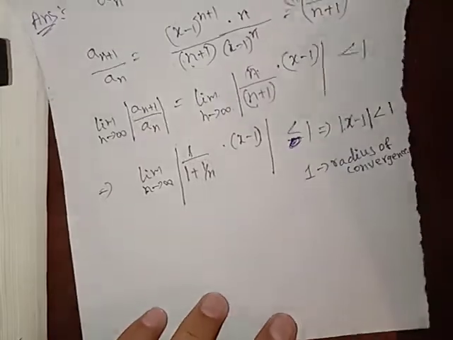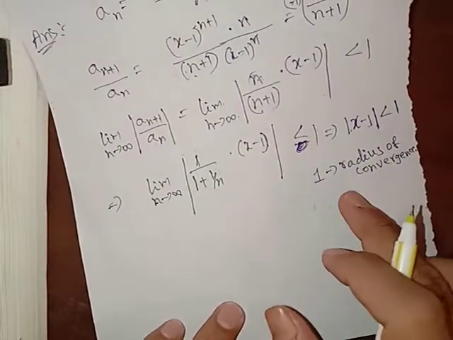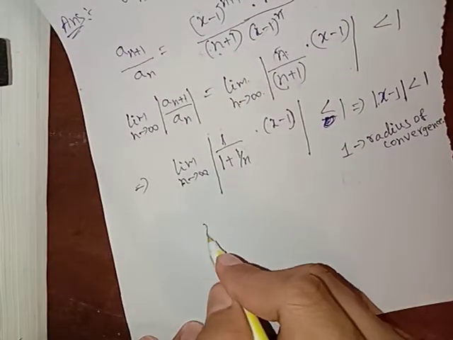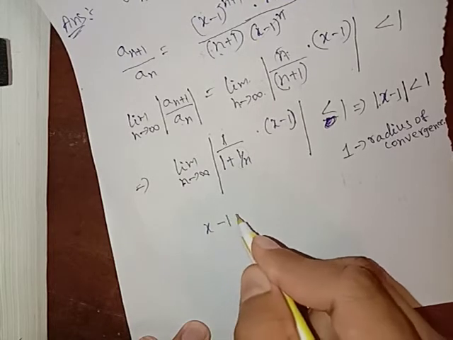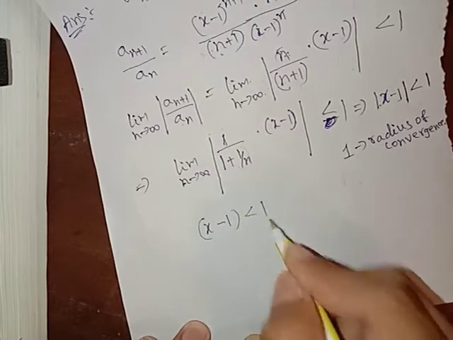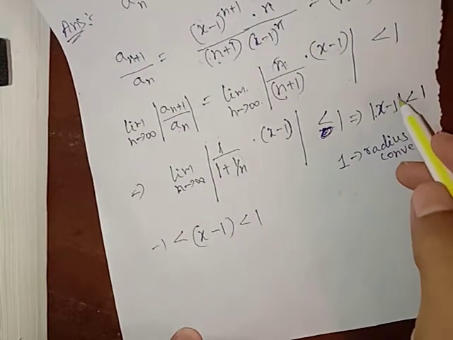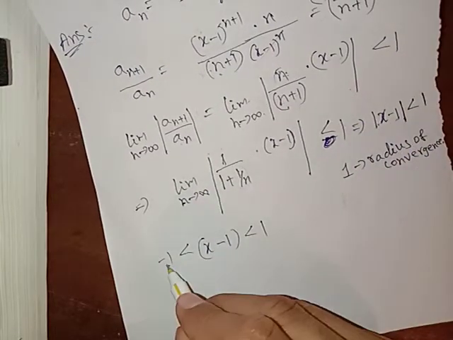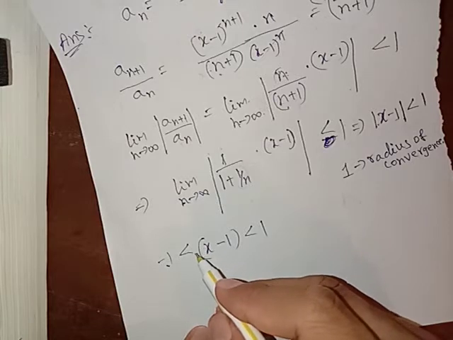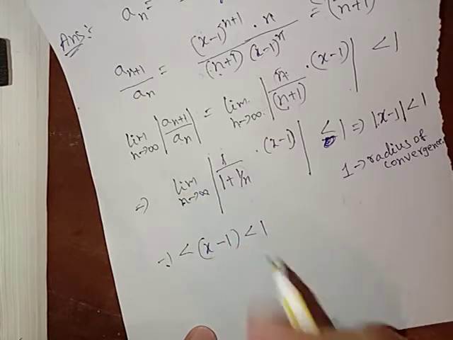Now, what is the interval of convergence here? We can write modulus of x minus 1 is less than 1, so minus 1 is less than x minus 1 and it is less than 1.